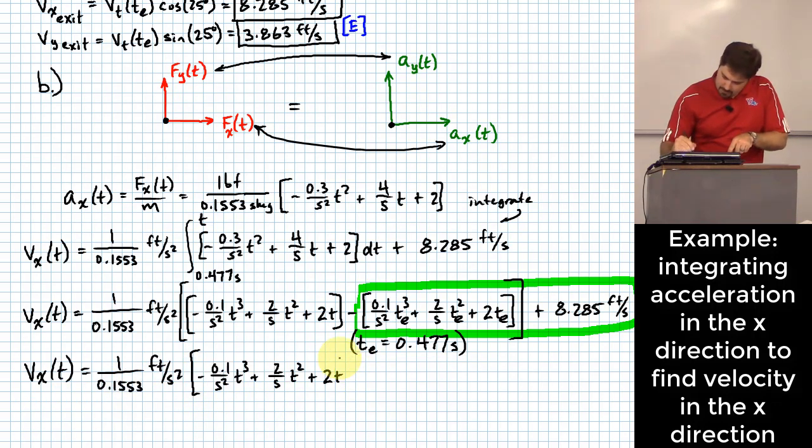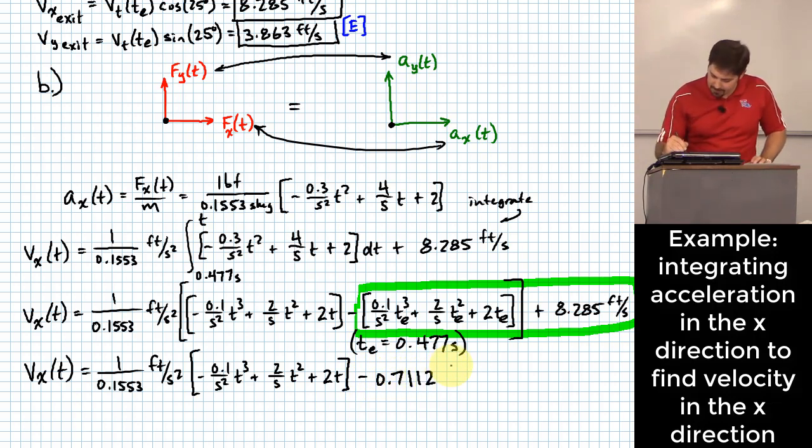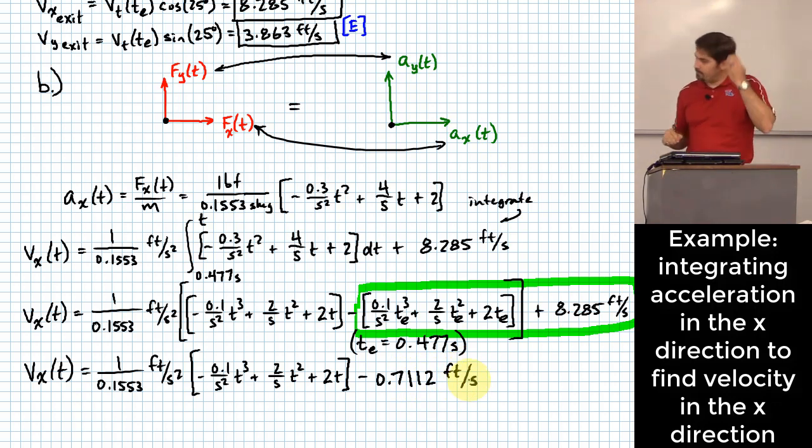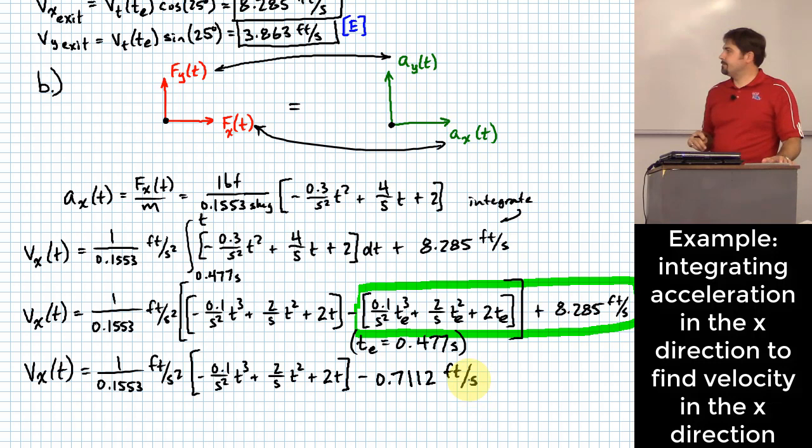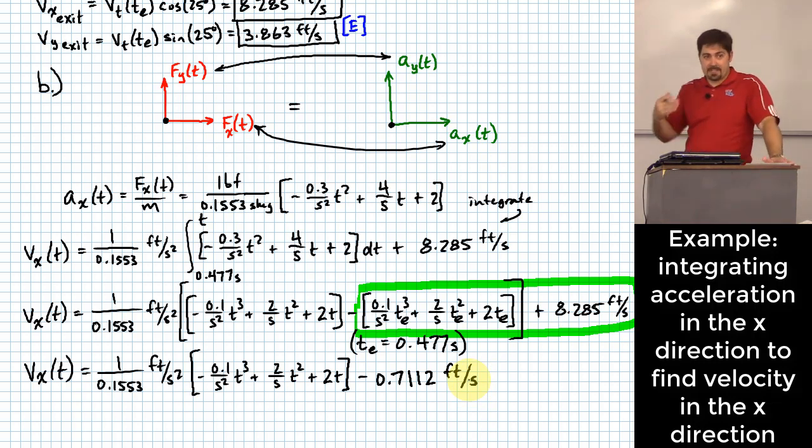And you can combine these together, and what it ends up giving you is a negative 0.7112 feet per second. The reason I do that is just to make it simpler for the next step, which is integrating again.